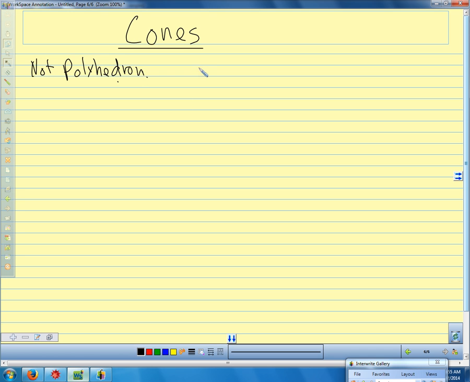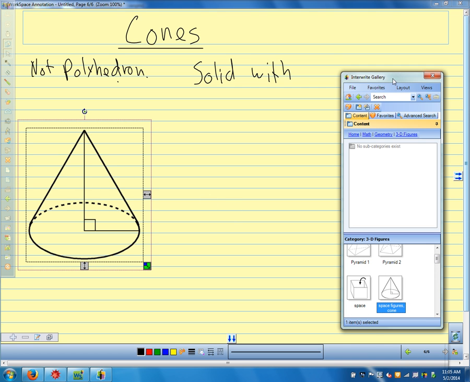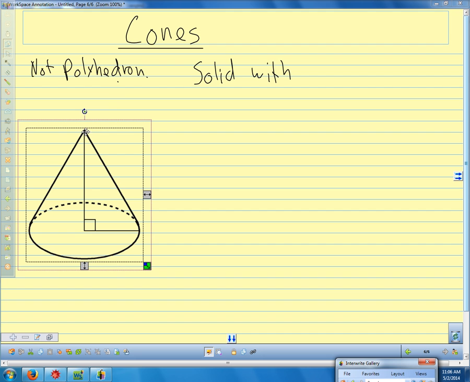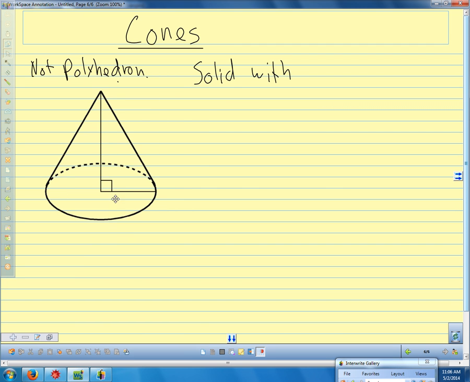A cone is a solid with, and we're going to talk about the parts of our cone. So let's get a picture of a cone. Just draw a kind of flattened circle and a dot up here at the top, and then connect the sides to the circle.